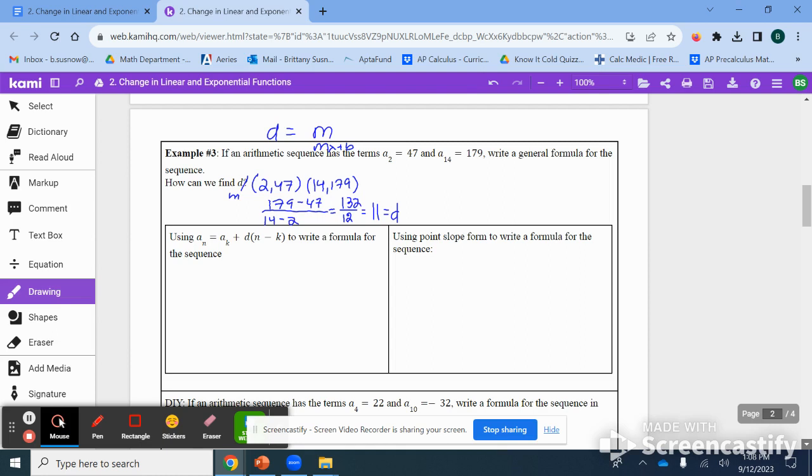To do that, we can choose either point. You can choose this or this. We're going to show it both ways.